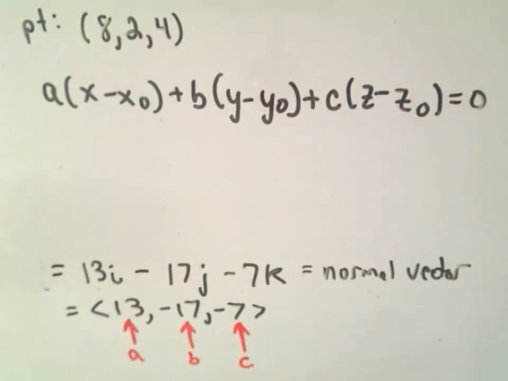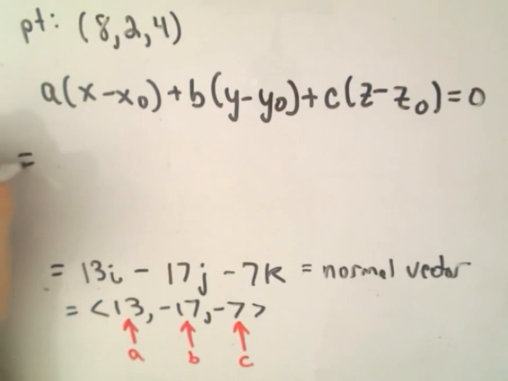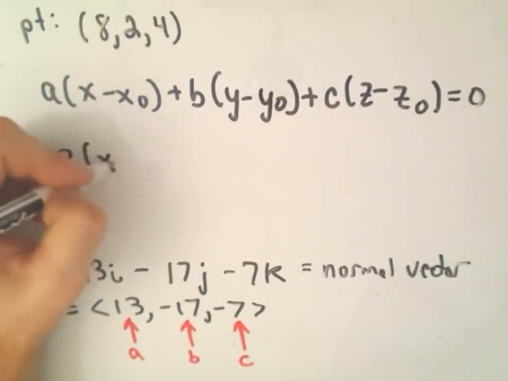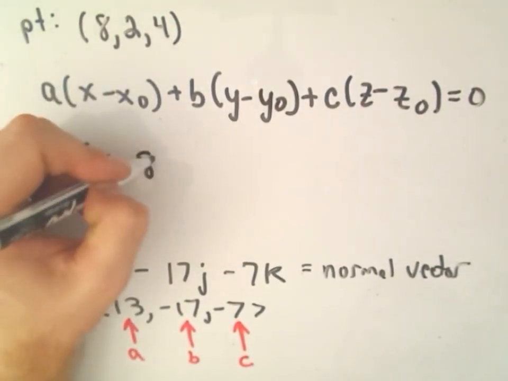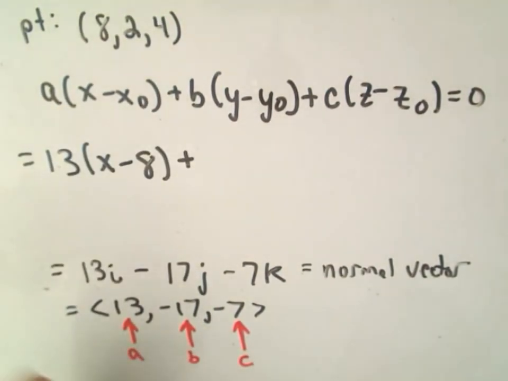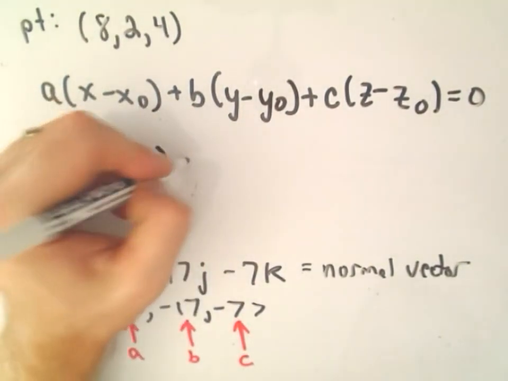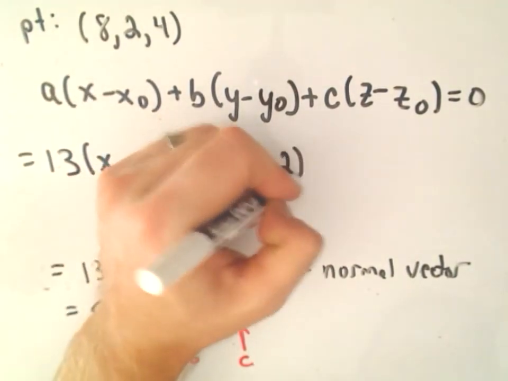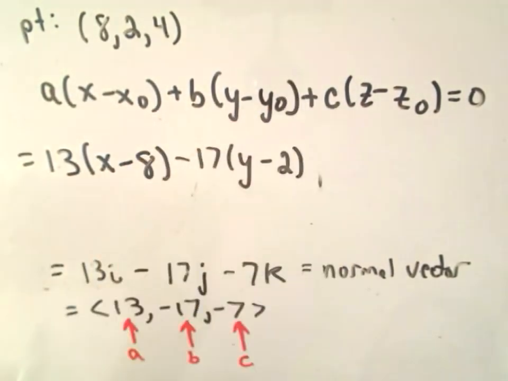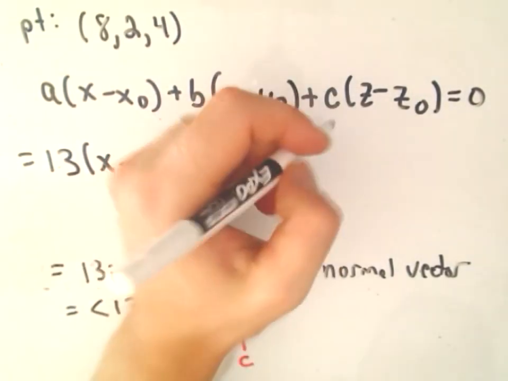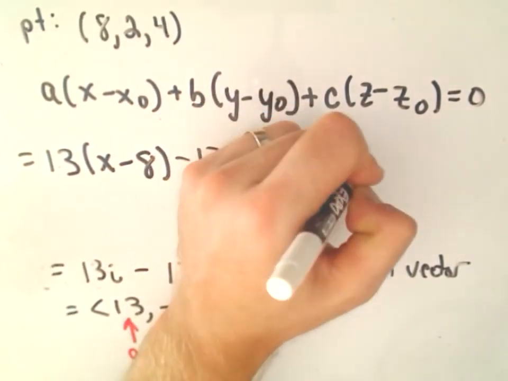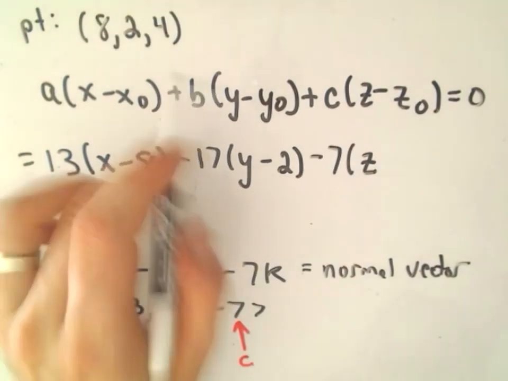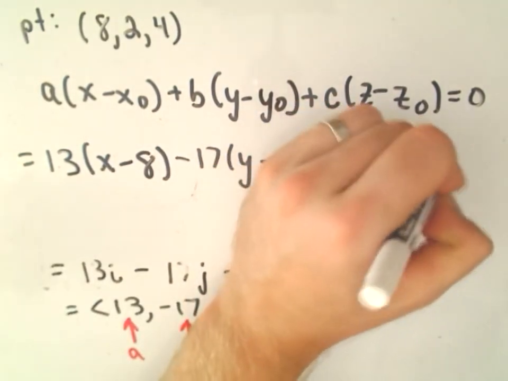So the scalar equation of the plane is going to be 13 times x minus the x-coordinate, which is 8, plus b, well, let's go ahead and just write that as negative 17, y minus the y-coordinate, which is 2, plus c, which again is negative 7, z minus the z-coordinate, which is 4.